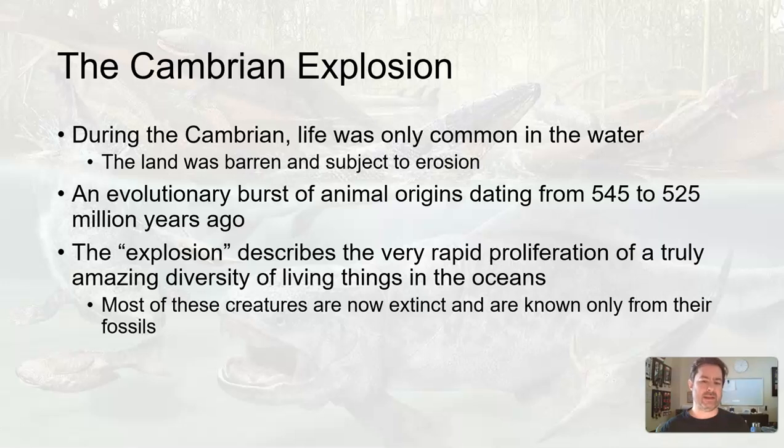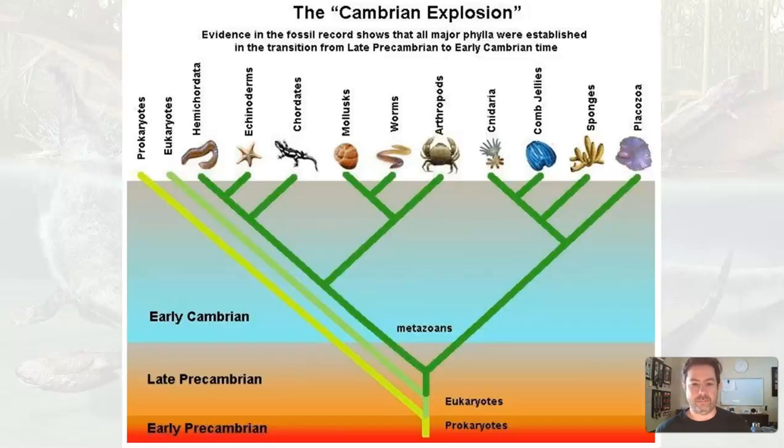Most of these creatures that evolved during the Precambrian are extinct, and we only know them from their fossils. But coming out of the Precambrian and into the early Cambrian, evidence in the fossil record shows that all major phyla, divisions of life, were already established coming into the Cambrian. We have fossil records of early ancestors of all these different divisions of life.